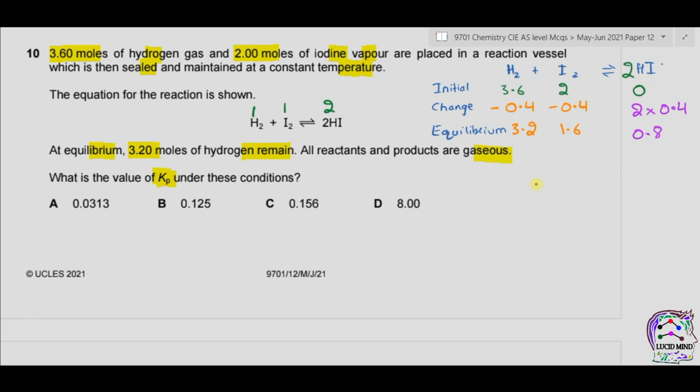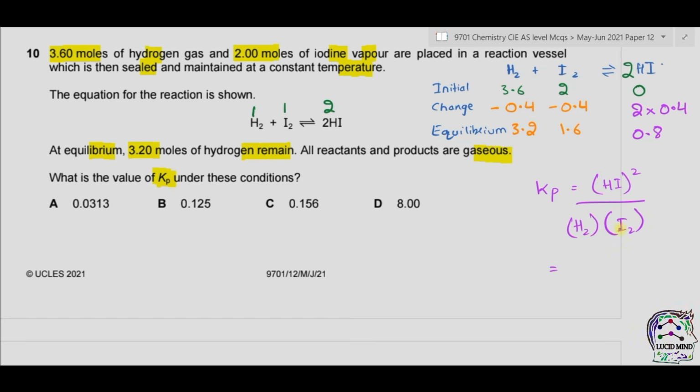Now we can use the formula: Kp equals the number of moles of product, HI, raised to the power of the number of moles in the balanced equation, divided by the number of moles of the first reactant raised to the power of the number of moles in the balanced equation, which is 1. Similarly for iodine.